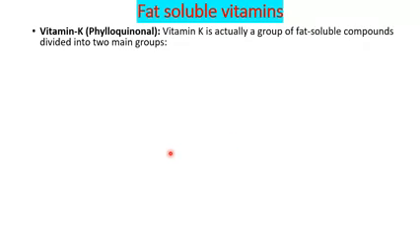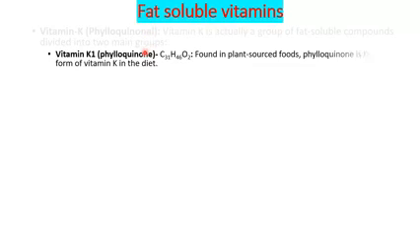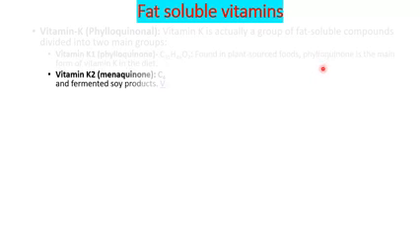So the last fat soluble vitamin is vitamin K, phylloquinol. Okay, so it's also a fat soluble vitamin. It is divided into two main groups. Vitamin K1, phylloquinone, C31H46O2 is the molecular formula. Found in plant sourced foods, phylloquinone is the main form of vitamin K in the diet.